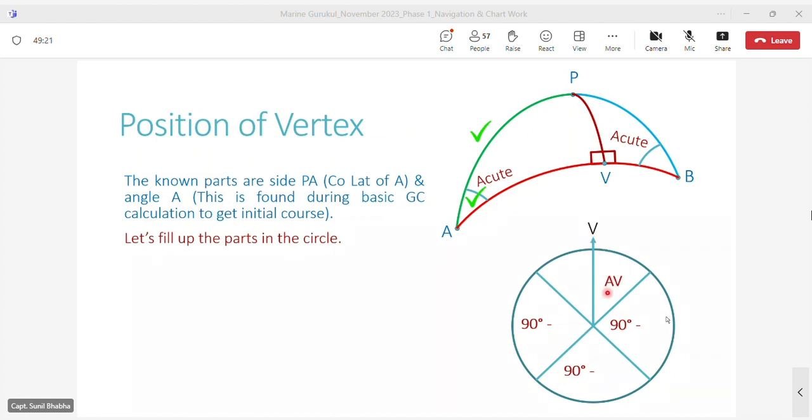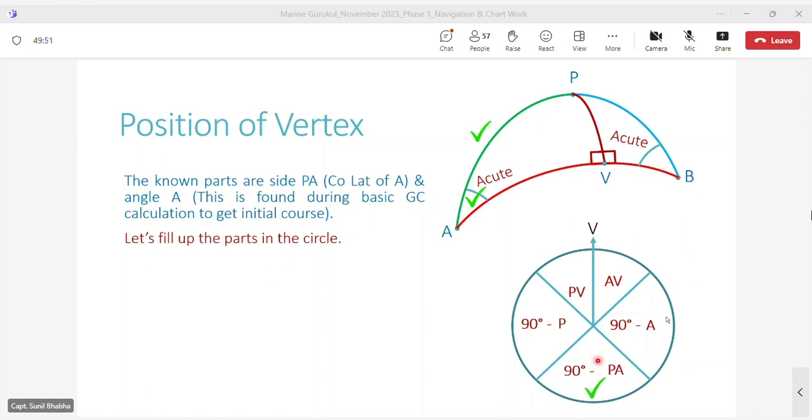Going clockwise, the next part is angle A, so this becomes 90 minus A. Then we have side PA, so the bottom part of the cartwheel becomes 90 minus PA. Next is angle P, so this part becomes 90 minus P. And the next part is PV, and we come back to angle V of the spherical triangle.